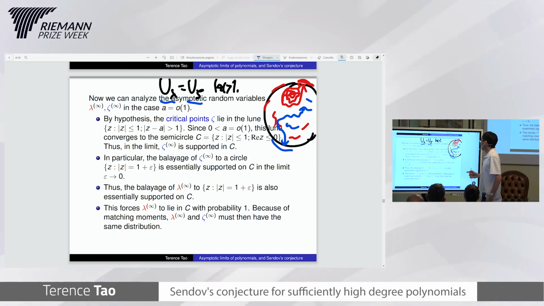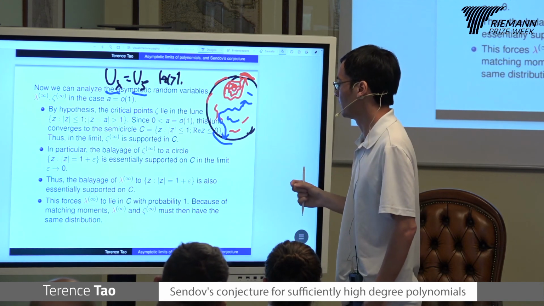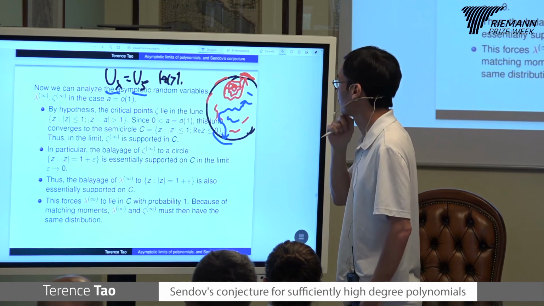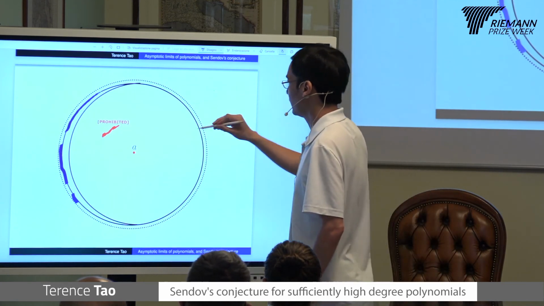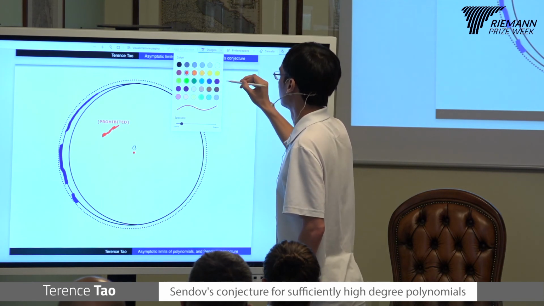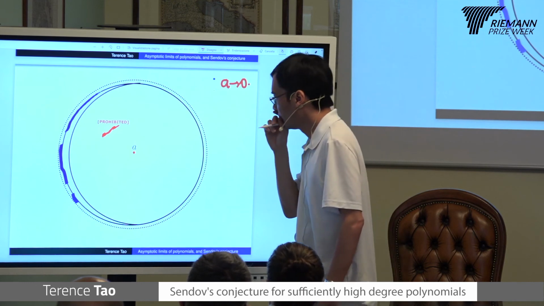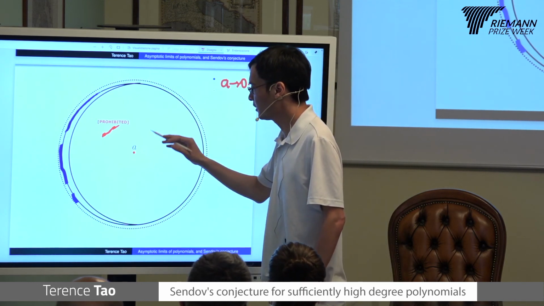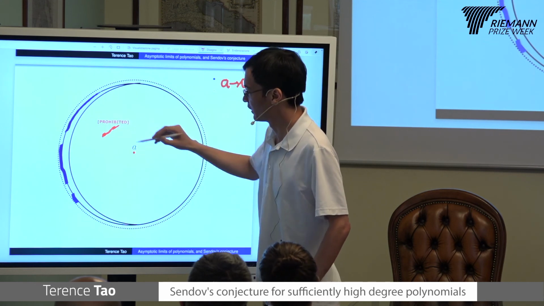Okay, but that is a lot of information, and it can tell you, for example, what happens when a goes to 0. So if you go to the next slide, please. Suppose a is going to 0. Remember, the critical points lie inside the unit disk, but they have to stay at distance 1 away from a.